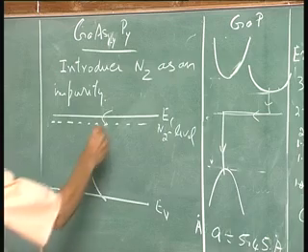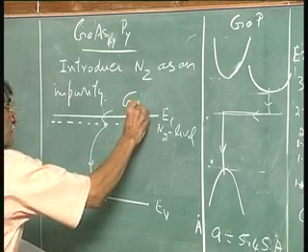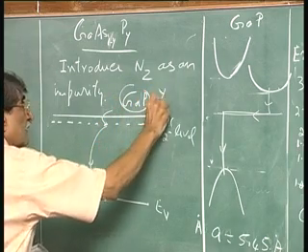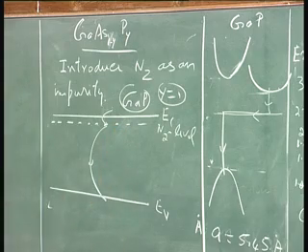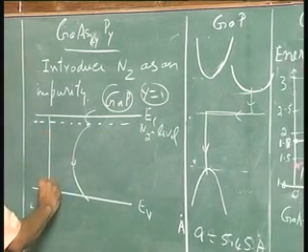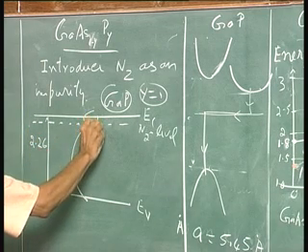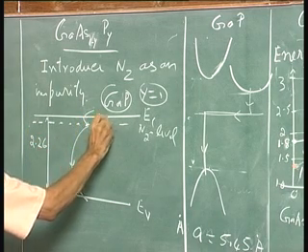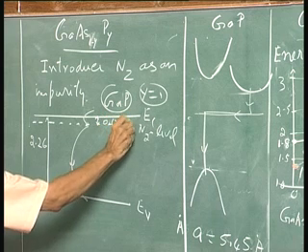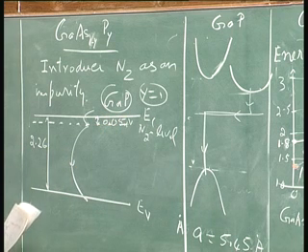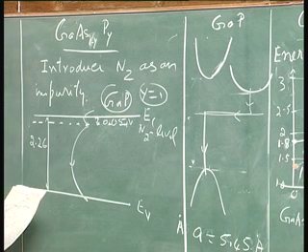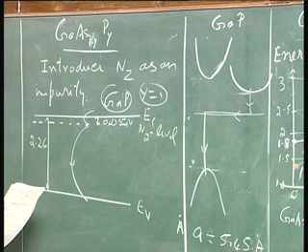See, for example, if I take this as gallium phosphide, Y equal to 1, I am citing an extreme example. This is actually 2.26 and this is 0.05 electron volt. So, what you get there is actually 2.21.